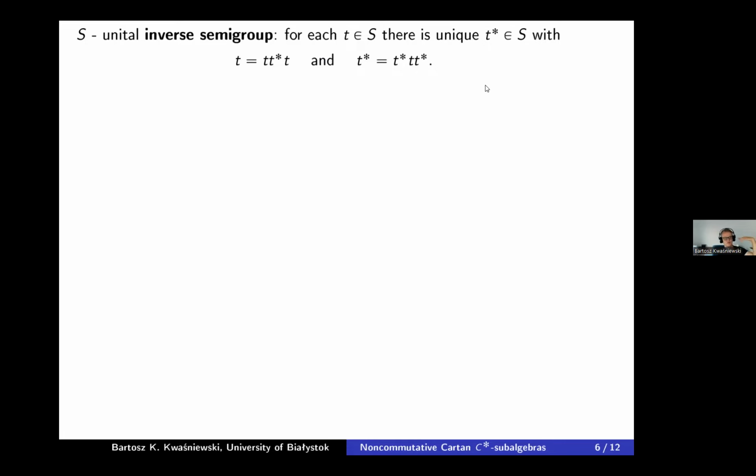The difference between an inverse semigroup and a group is that whenever we have this product t star t, this relation tells us that it is an idempotent. So in an inverse semigroup, we have a lot of idempotents. In a group, we have only one idempotent, which is the neutral element. This is similar to the difference between groupoids and groups: in groupoids we have plenty of identity elements.